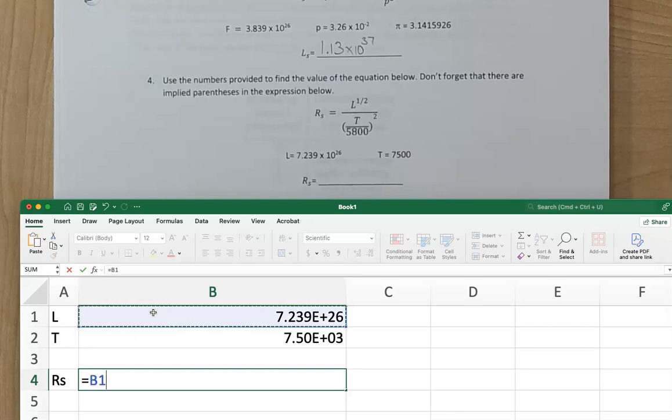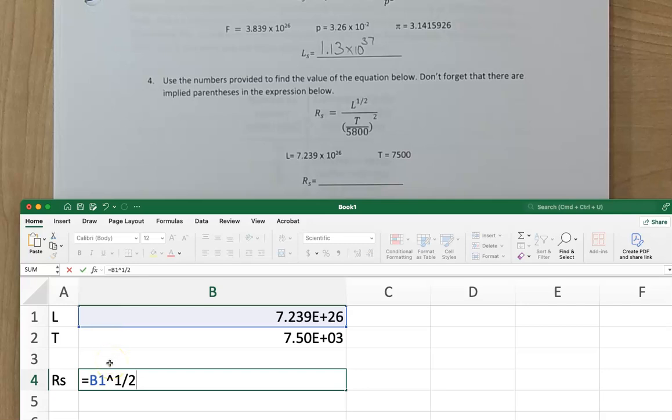Grab whatever value there is for L, which I put in cell B1. Raise that to the 1/2 power. Nope, not going to do that, right? That would be a mistake. Why? Because your spreadsheet knows the correct order of operations.